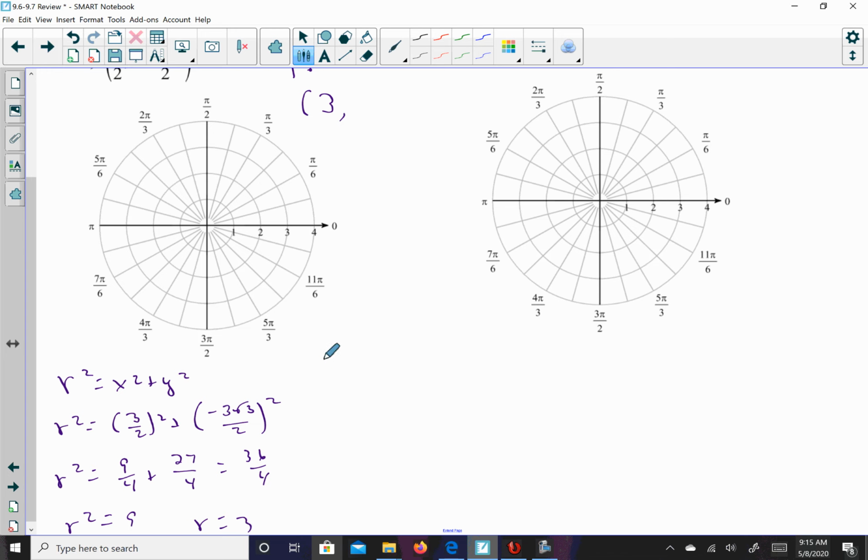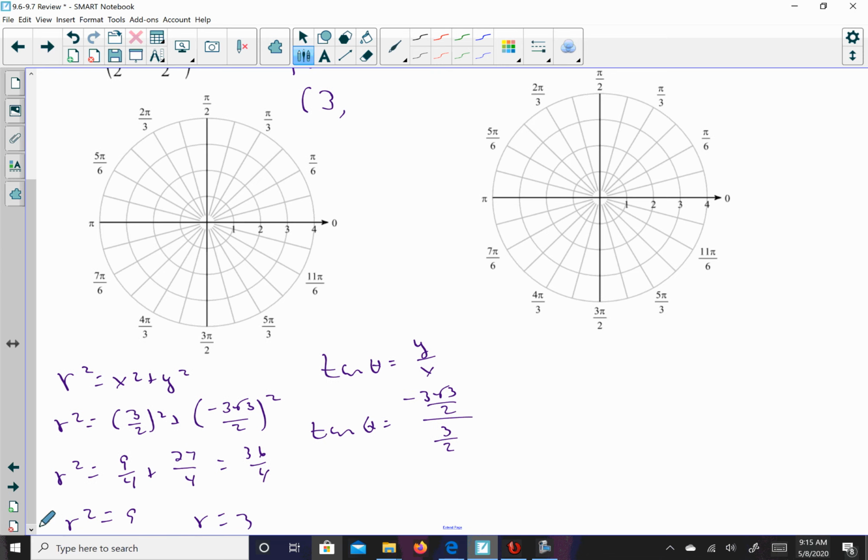To find my angle, the formula is the tangent of theta is equal to y over x. So I'm going to say the tangent of theta is equal to negative 3 times the square root of 3 over 2, all over 3 over 2. I'm assuming most of you are not going to try and remember your unit circle at this point. You're probably just going to plug it into your calculator, which is fine.